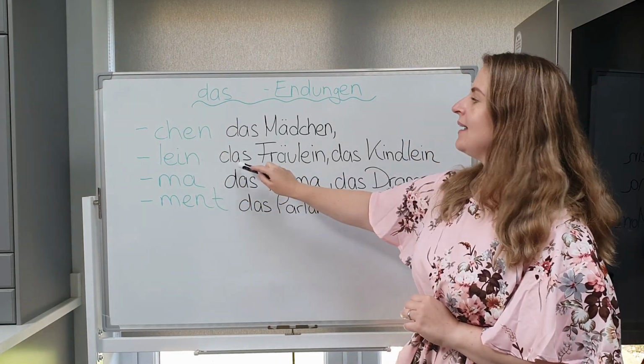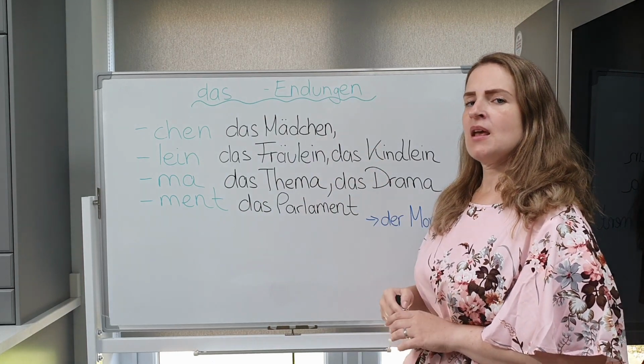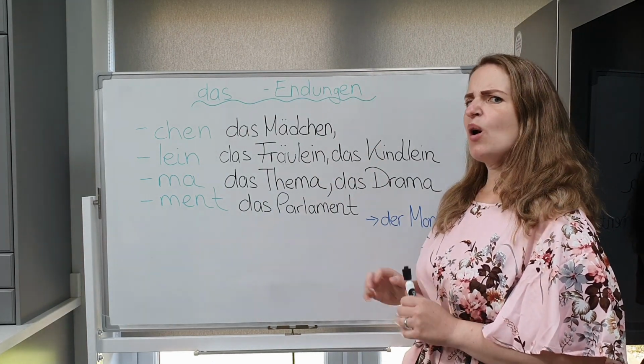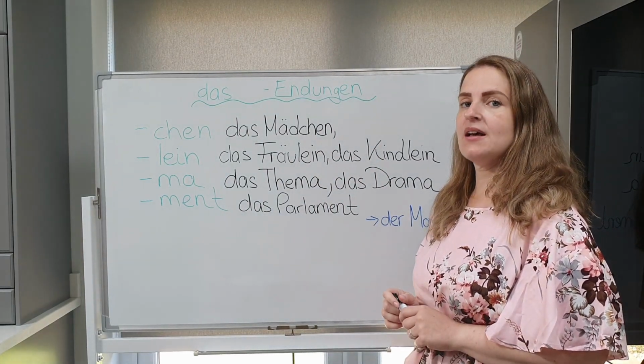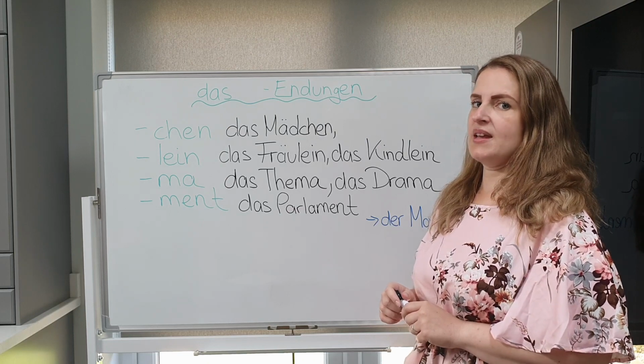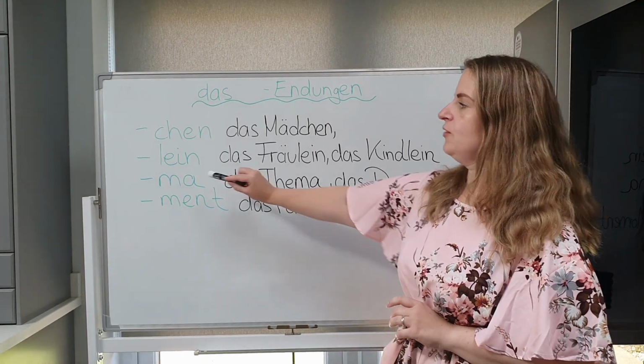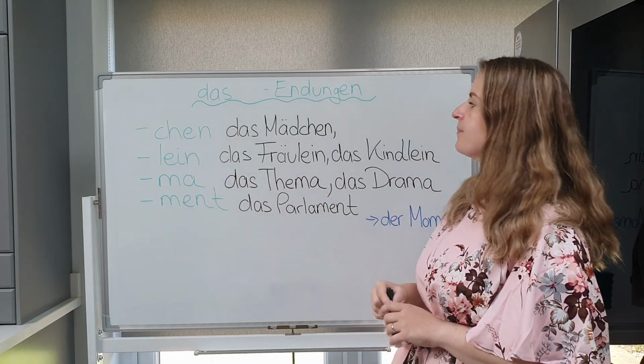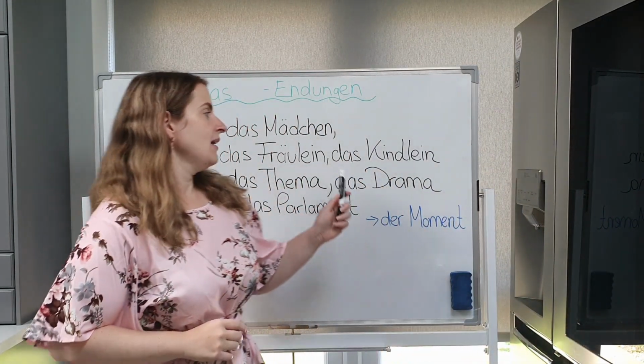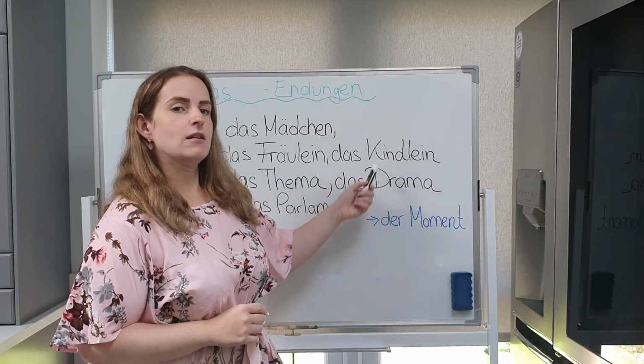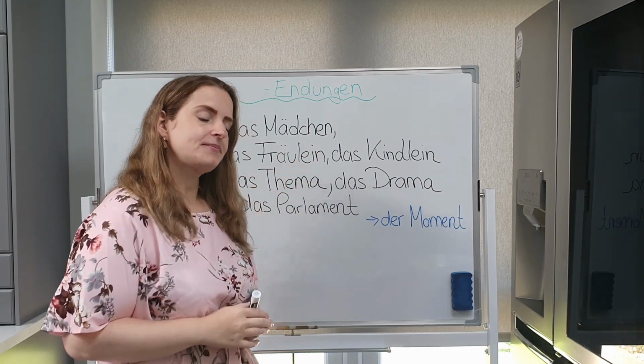For example, das Fräulein. Well, that's an old way of addressing an unmarried young woman. We don't really do that anymore, but it's a good example of when to use -lein. We could also use -lein for das Kindlein, the small child.